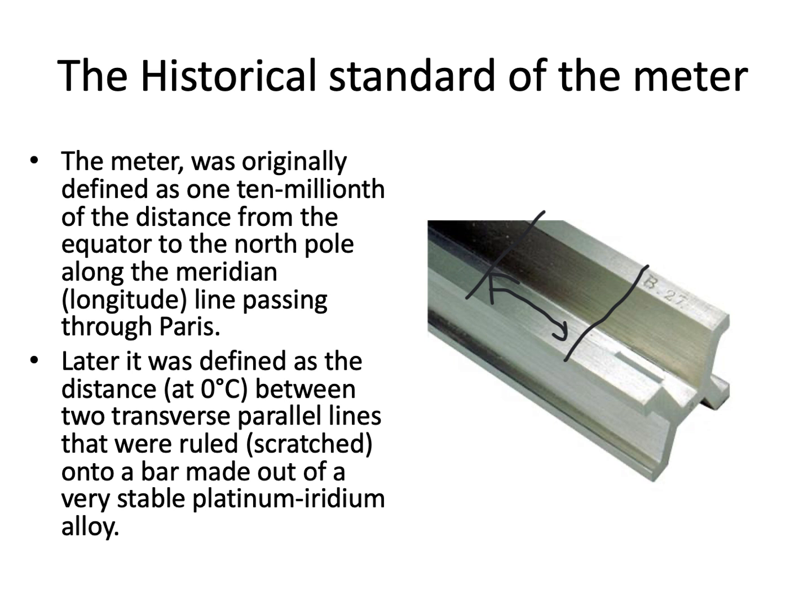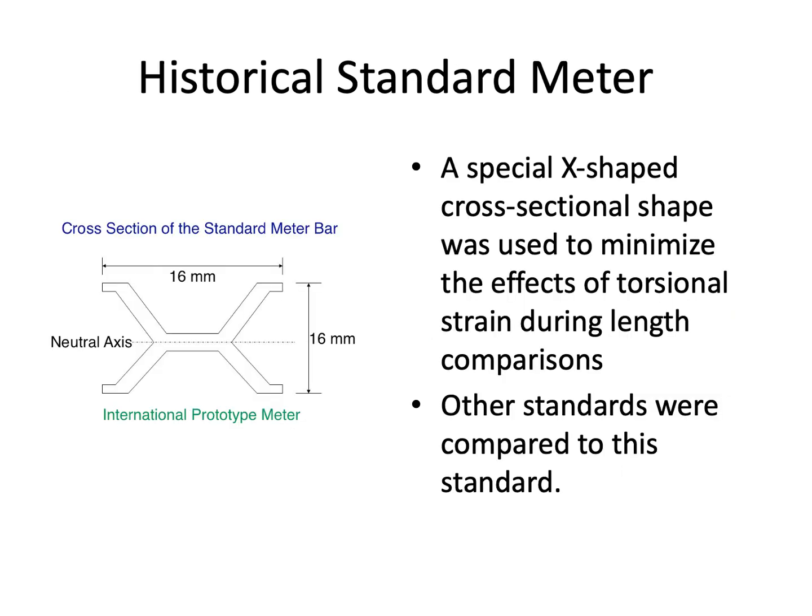Even though this bar that they used was made out of very stable platinum iridium alloy, it was not the best choice to use. One of the things you may have noticed in the picture in the previous slide was the shape of the bar. It had this kind of weird X cross-sectional shape, and that has to do, again, with trying to minimize errors in these measurements, and that minimizes the effects of torsional strain during the length comparison, sort of twisting effects on the bar.